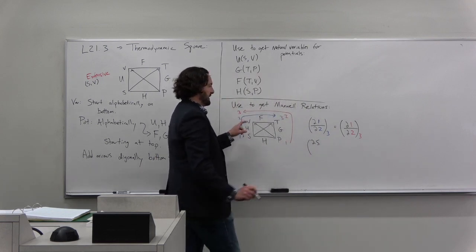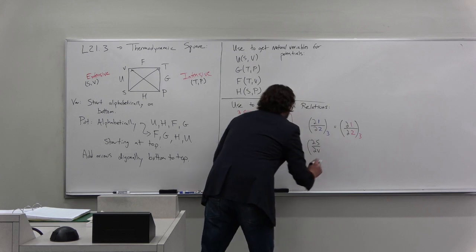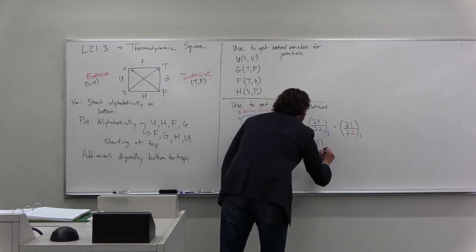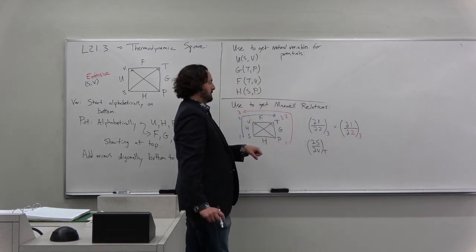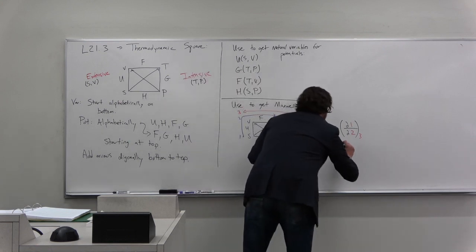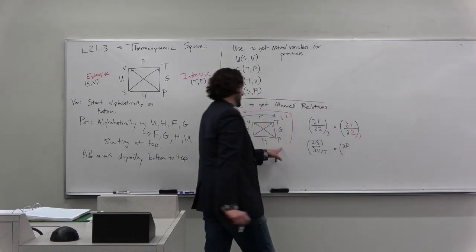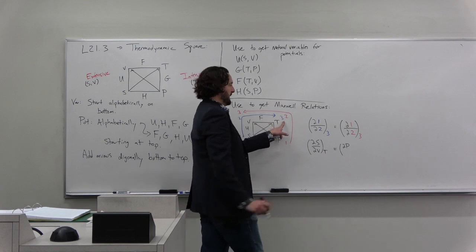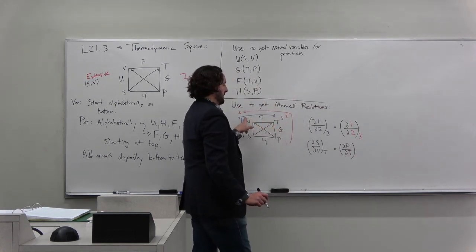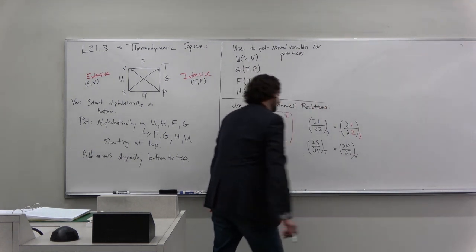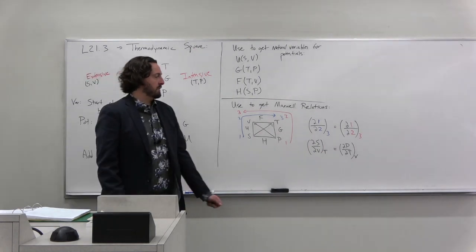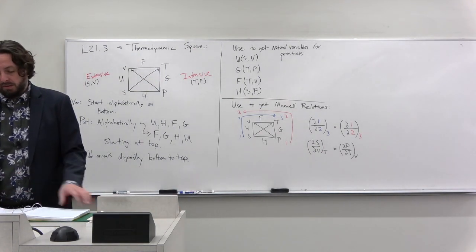Our second spot was V, partial V at constant T was 3, was equal to partial 1, that's P, partial T was our 2 at constant V. And remember, that is one of our Maxwell relations.